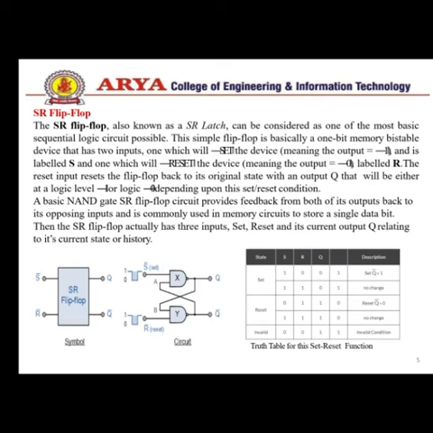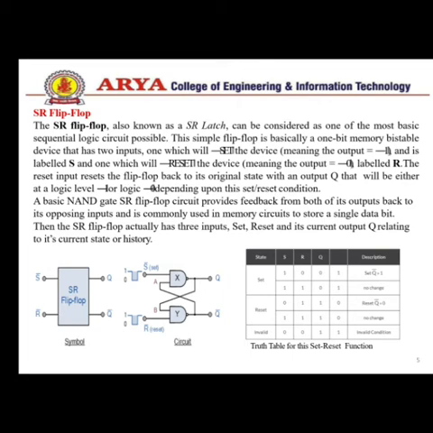It is commonly used in memory circuits to store a single data bit. Then the SR flip flop has three inputs: S, R, which are set and reset, and its current output Q, relating to its current state or previous history.